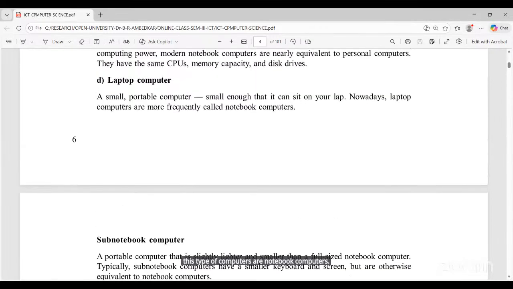The next one is laptop computers. You know very well what a laptop computer is. The size is also very small. Portable means you can carry it. So those types of computers are laptop computers.